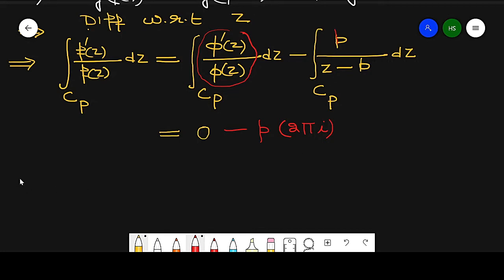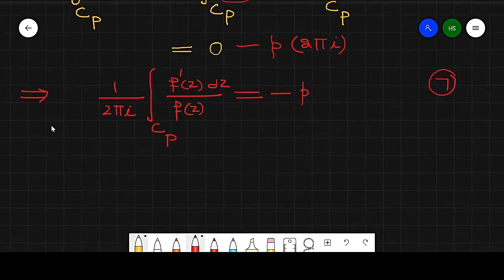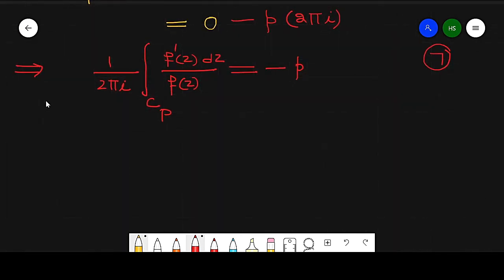Now from this it implies we get 1 by 2 pi iota integration around Cp of f dash z into dz over f of z, which is equal to minus small p. So this is equation number 6.